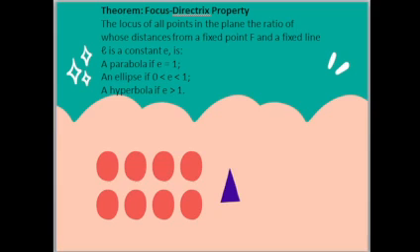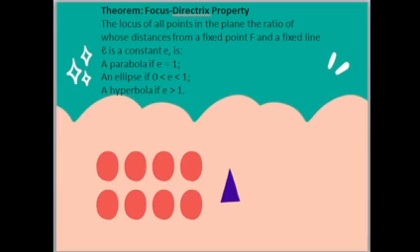We have a theorem here, the focus-directrix property. The locus of all points in the plane, the ratio of whose distances from a fixed point F and a fixed line L is constant E, is, you have to take note of this, a parabola if E is equal to 1. Again, what is the formula in getting the eccentricity? We have C over A, or the distance between the foci divided by the distance between the vertices.